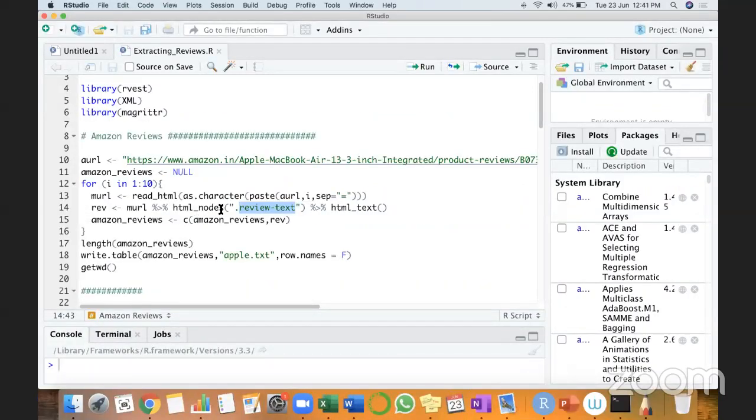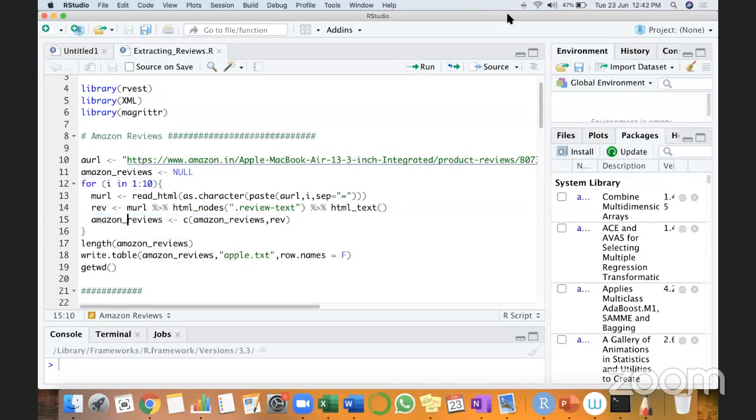So HTML node: check for this node, review hyphen text, and whatever information is there, pull that HTML text information and save it in this variable, review. In one page, whatever information is there, pull that, and it will be available in review. And for all the pages, save that review information in this Amazon underscore reviews.